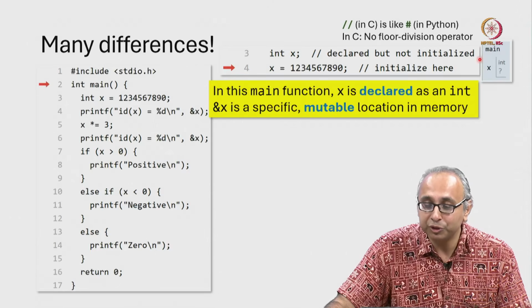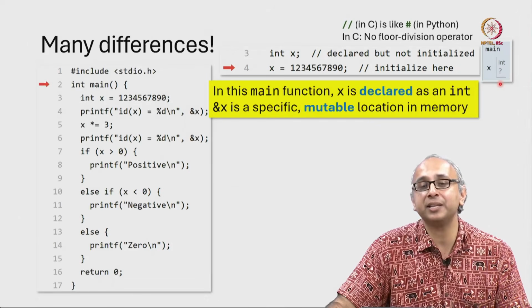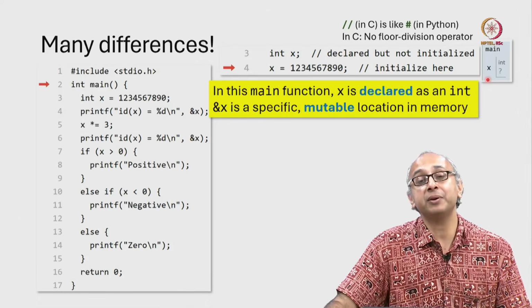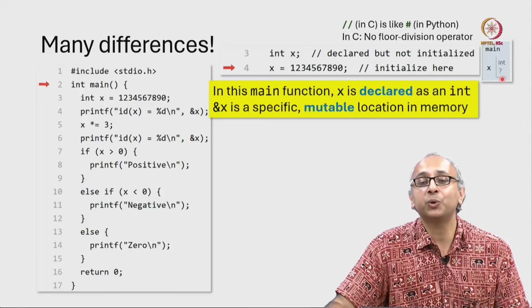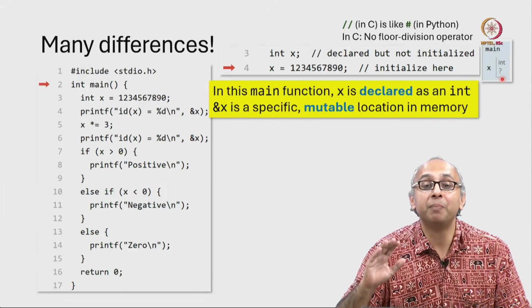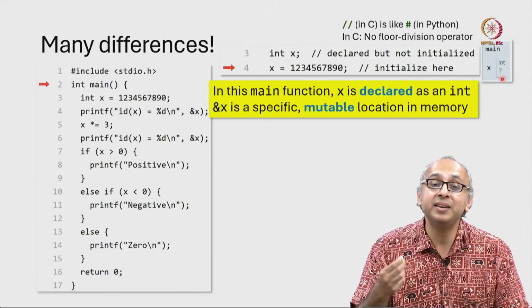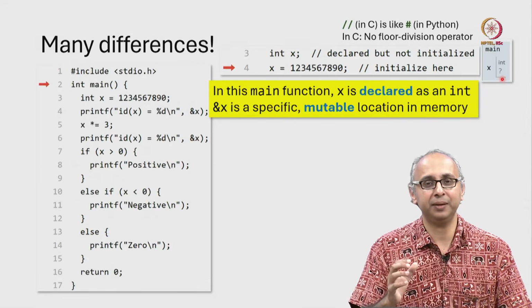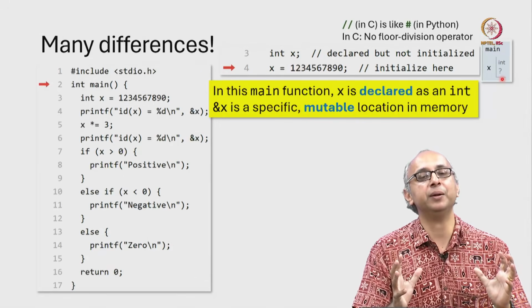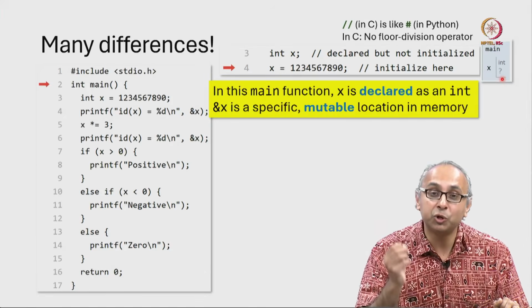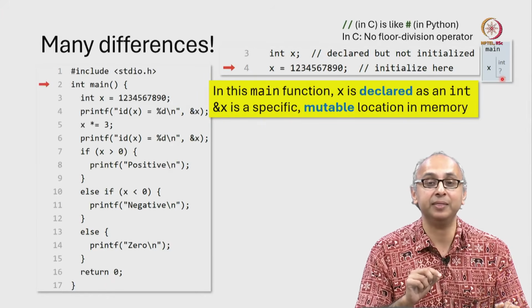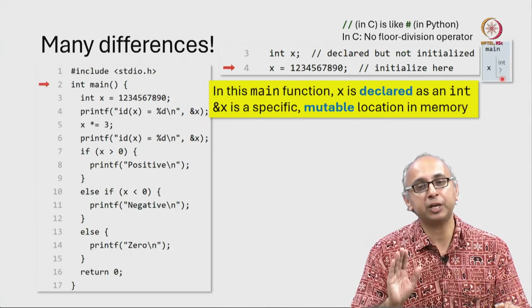In Python Tutor, it shows this visualization like this. It says there is this x, and it puts a little question mark over here to remind you that that variable is currently uninitialized, meaning there is a location in memory, but we don't yet have a value in there. Now that's not strictly true.